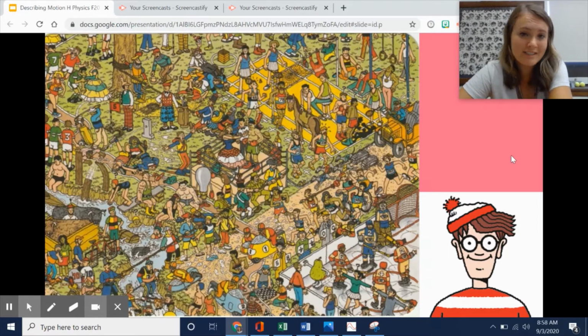I promise Waldo is in the picture, but your next task is to identify the position of Waldo. Find Waldo, and then obviously you can't point him out to me. So what I want you to do is create a description that would help me find Waldo, or Waldo's position, as we call it.